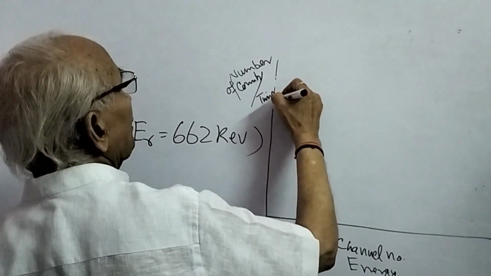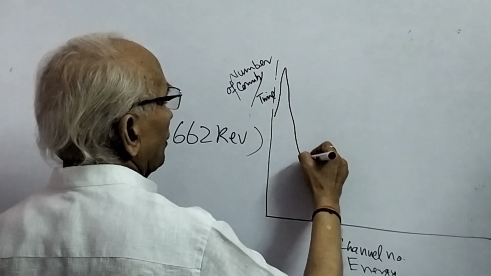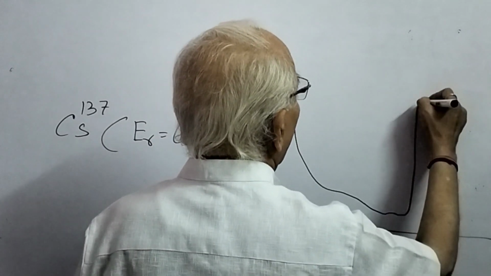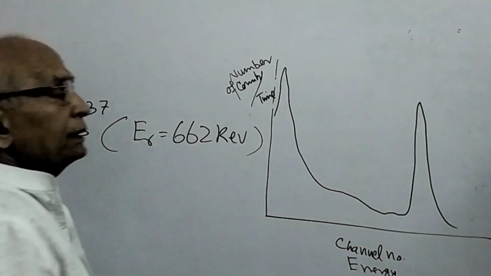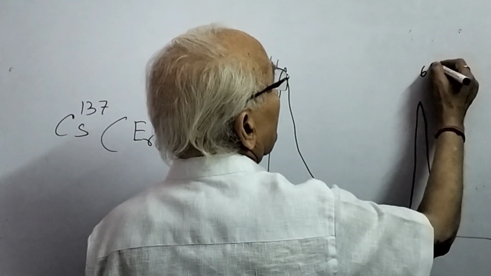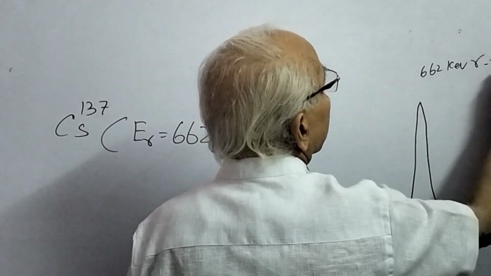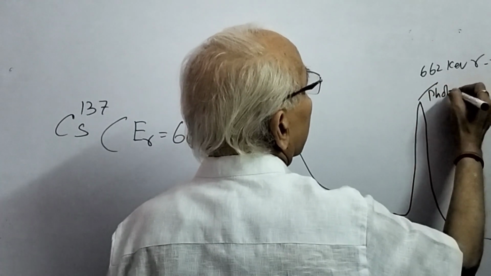I will get some curve like this. This is the 662 keV gamma ray, by the photoelectric effect.